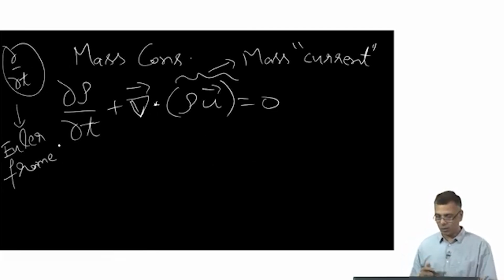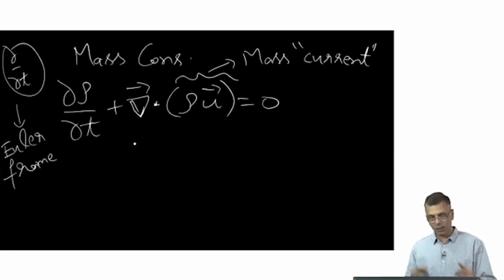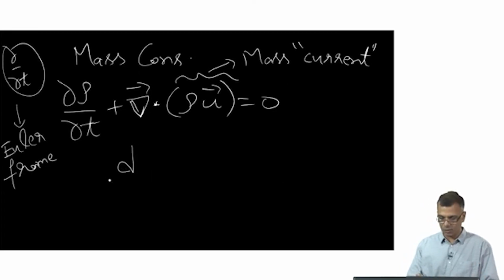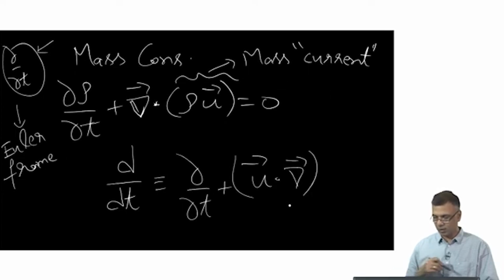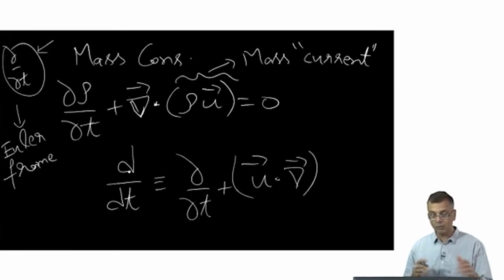And you remember the relation between the Lagrangian derivative, which is the straight d over dt, not the partial, and this Eulerian derivative. This time derivative would signify the time changes as discerned by a Lagrangian observer, someone who's moving with the parcel of fluid.